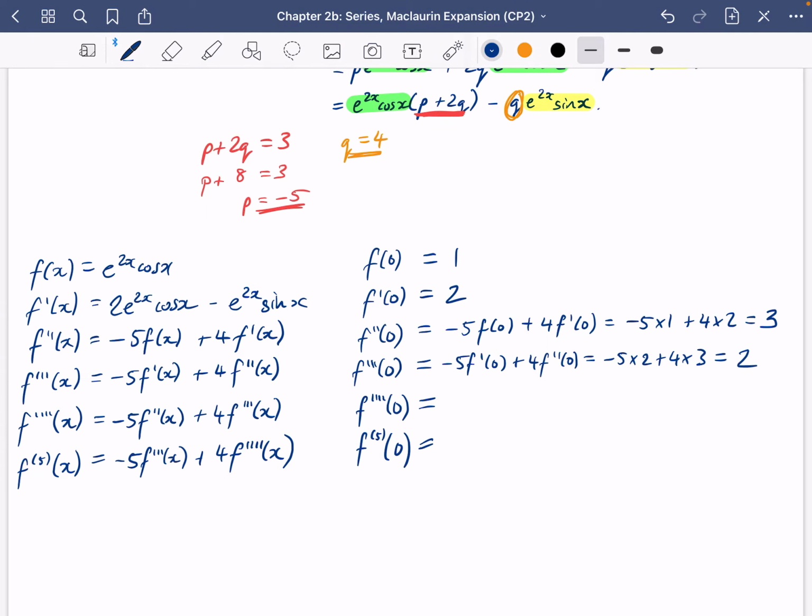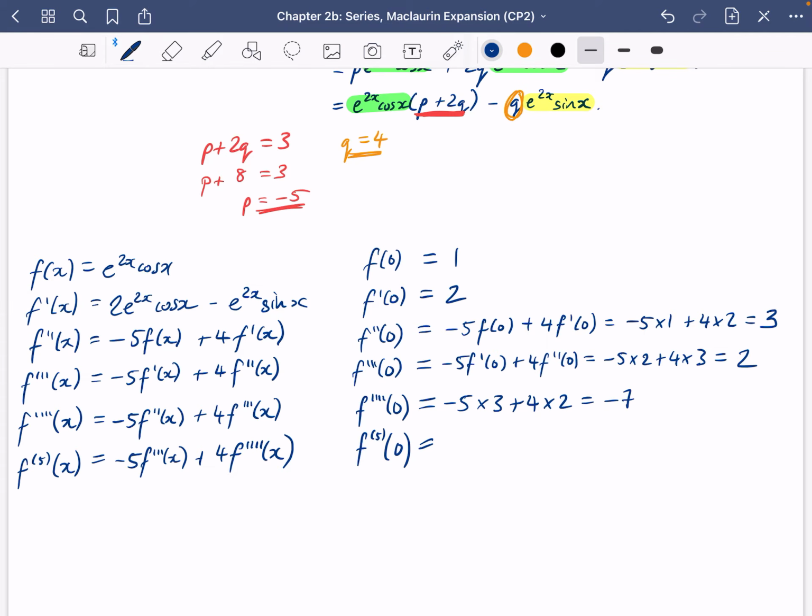Now I'm wondering if you can just spot the pattern, and we can just go straight in without that notation. So for this one, it's minus 5 times the double dash, which is 3, plus 4 times the triple dash, which is 2. So that's minus 15 plus 8, which is minus 7.